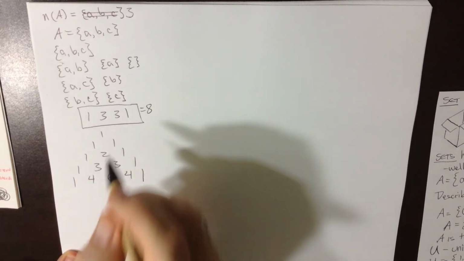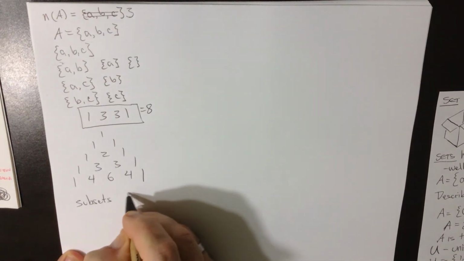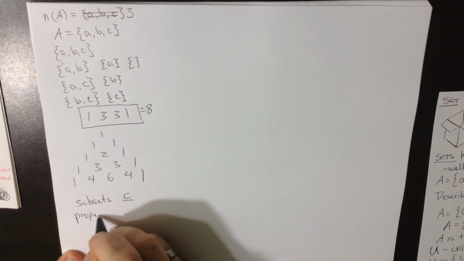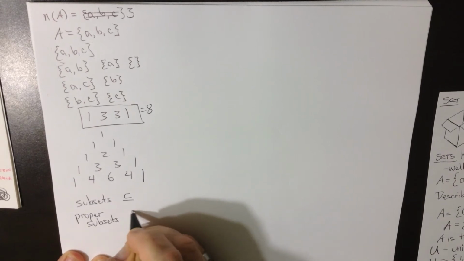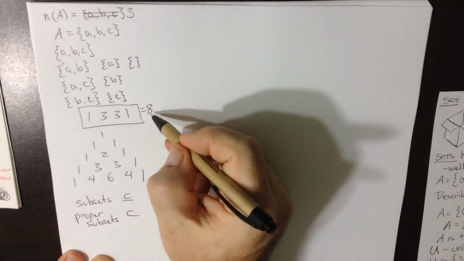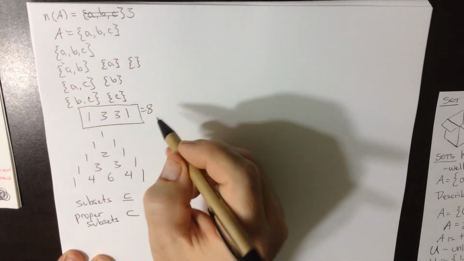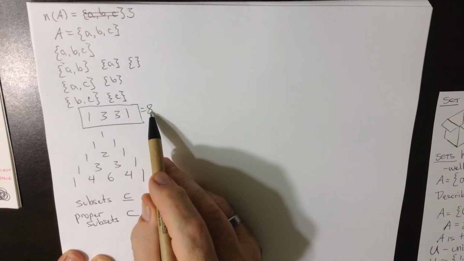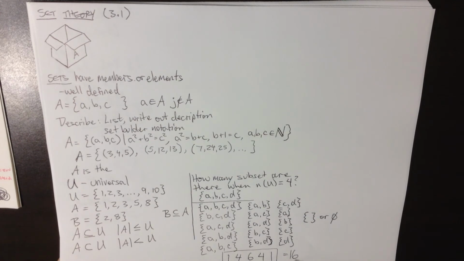When we talk about subsets, remember the symbol for that? And when we talk about proper subsets, the number of proper subsets doesn't include that. So the number of proper subsets is going to be 1 less. In the case of 4 elements, the number of proper subsets is not going to be 16, it's going to be 15.